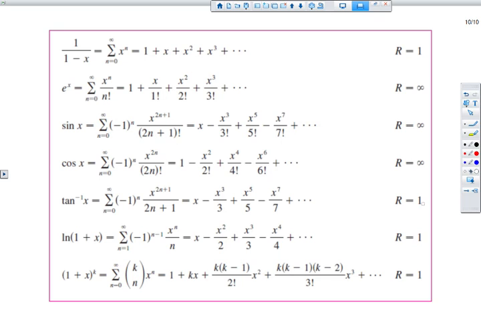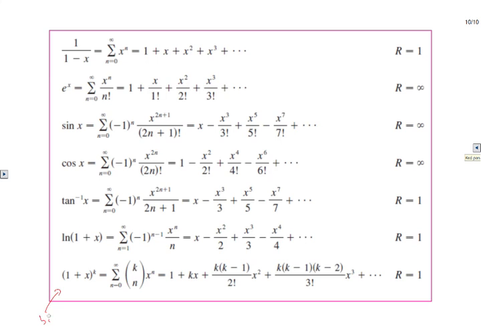So this is something really interesting. This is what we call the binomial theorem. So I'm going to write it. It's called the binomial theorem. And so n choose k is what we call the binomial coefficient.